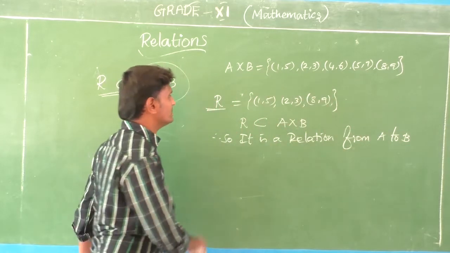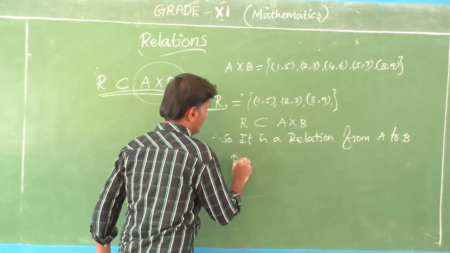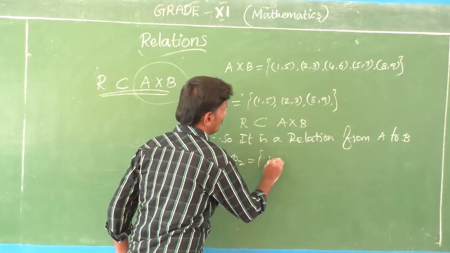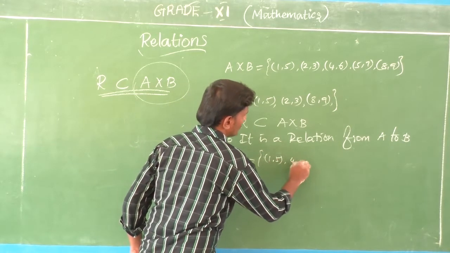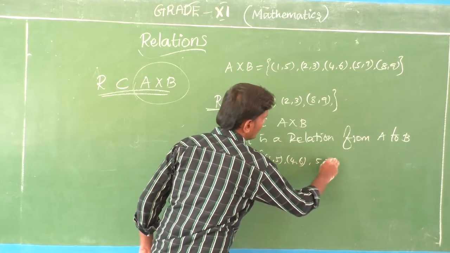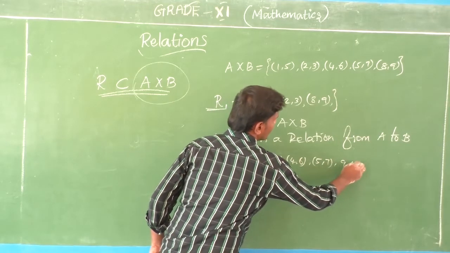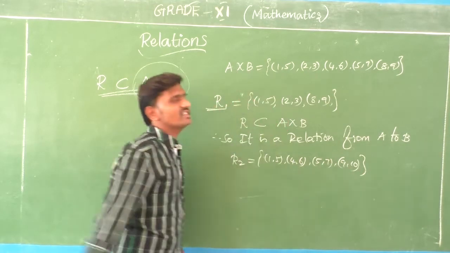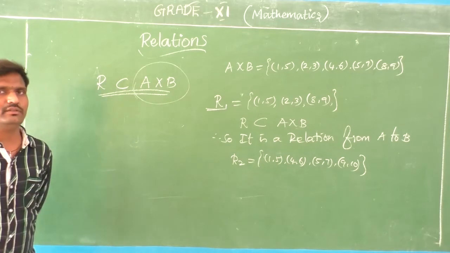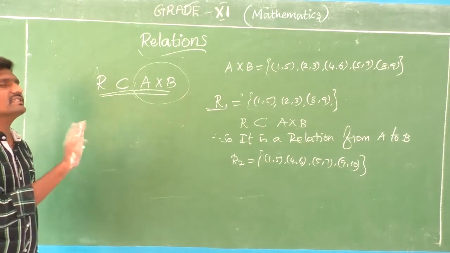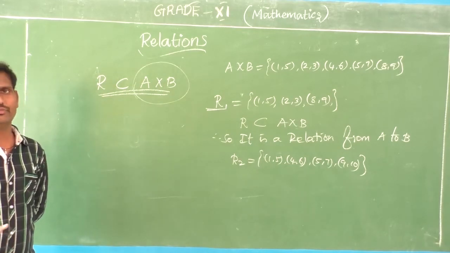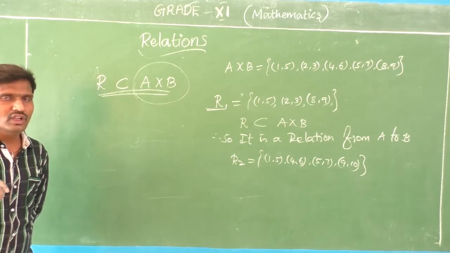Suppose the second relation, R2, is given by {(1,5), (4,6), (5,7), (9,10)}. Shall we accept this as a relation or not? We have to check. How to check?